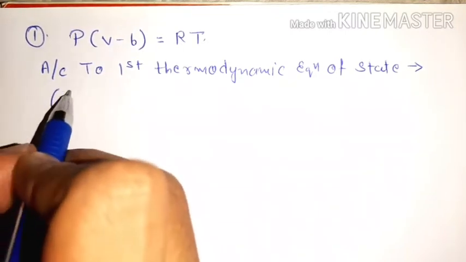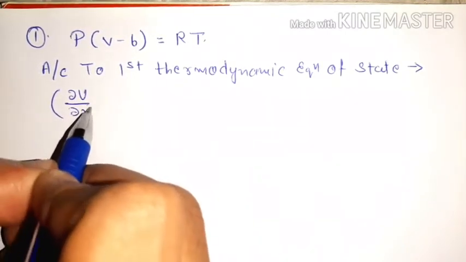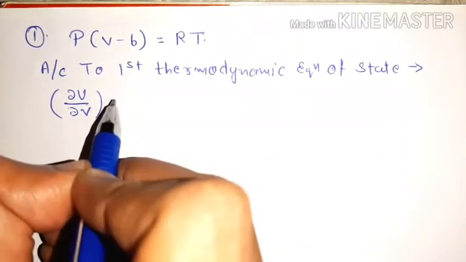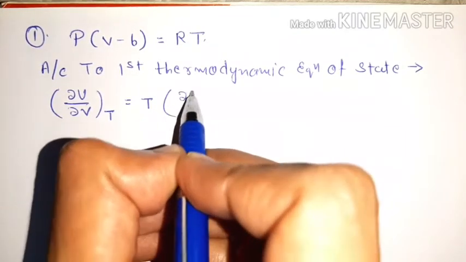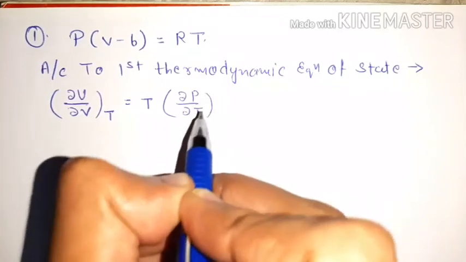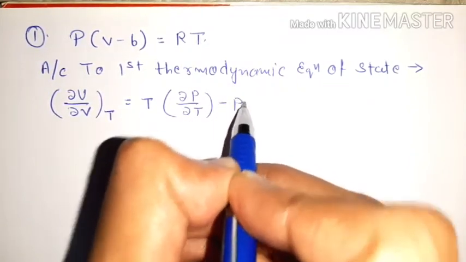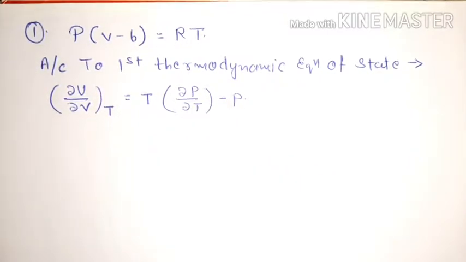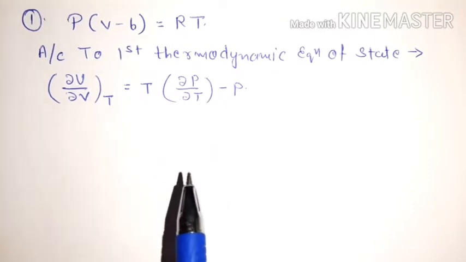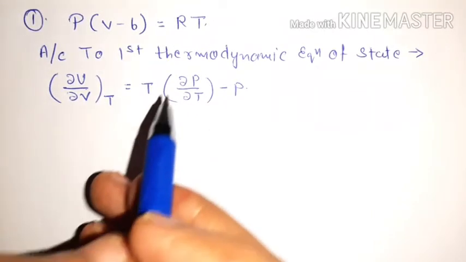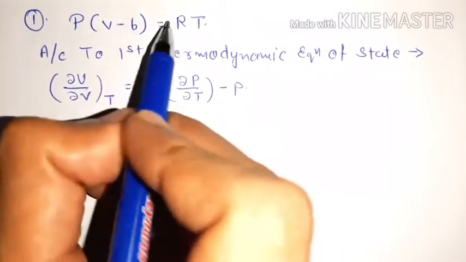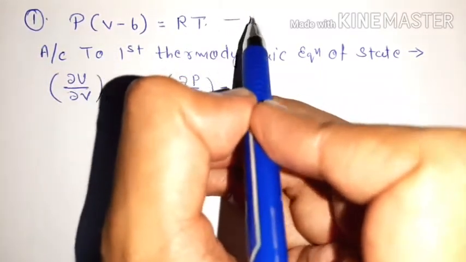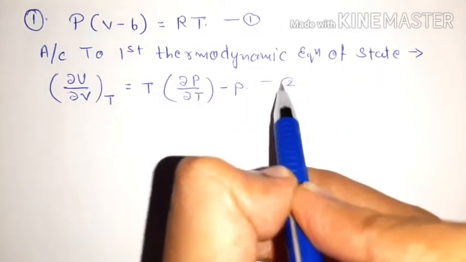See, ∂U/∂V at constant temperature is equal to T multiplied by ∂P/∂T minus P. This is the first thermodynamic equation of state. And in our question we have P into (V minus B) is equal to RT. Suppose this is equation number first and this is equation number second.